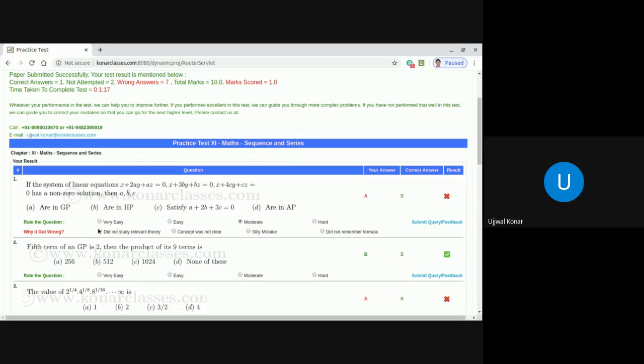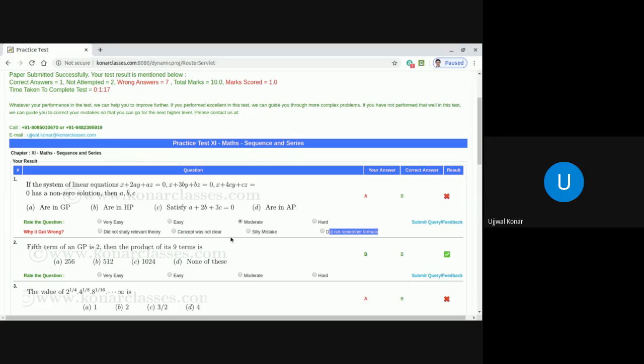We understood a question gets wrong because of 4 reasons. First one, did not study relevant theory. Second one, concept was not clear. Third one, it is a silly mistake. And fourth one, did not remember formula. You look into it. When you make a mistake on any question, it actually falls into one of these 4 categories.